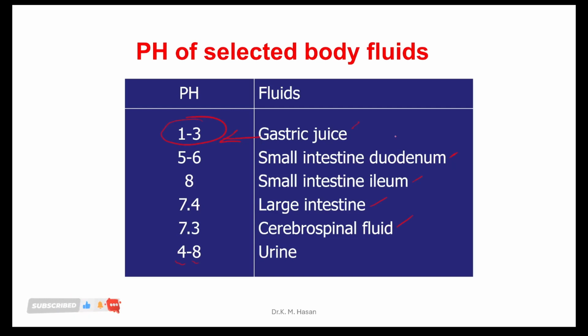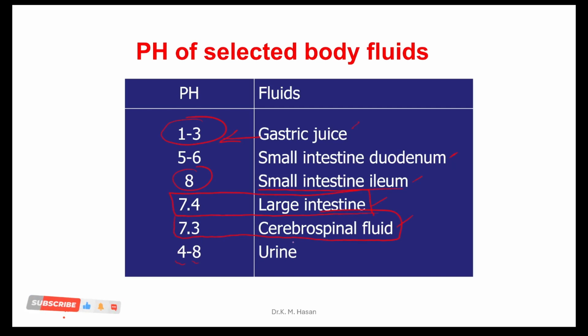Which of these organ systems has an alkaline environment? The ileum, the intestine, is alkaline. Which one of these organs has a pH similar to the blood? The pH of the blood is 7.4, so this is similar to the large intestine, the colon, and again very similar to the cerebrospinal fluid.